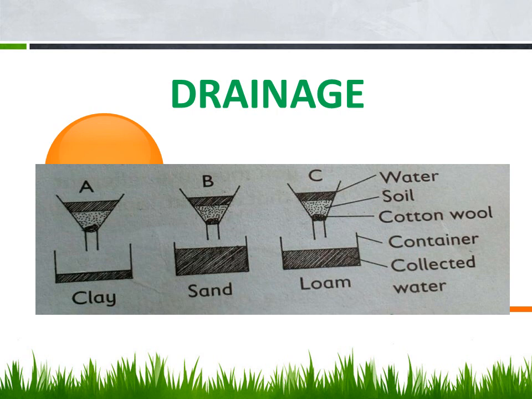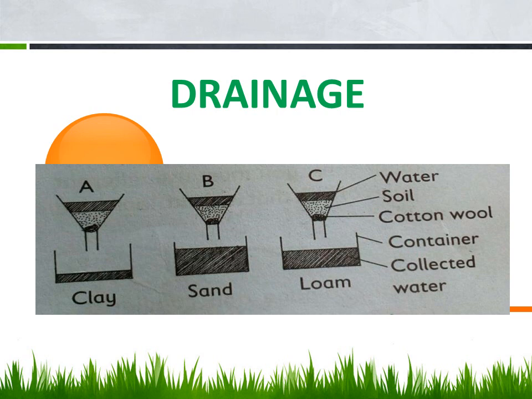To investigate the drainage, we need 3 funnels, we need cotton wool, we need 3 samples of soil, we need water, and lastly we need 3 containers for collecting water.